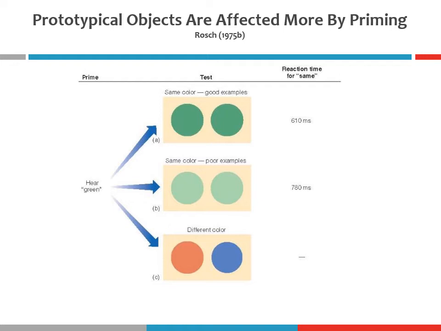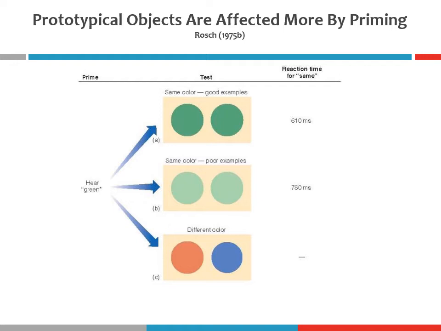Then 2 seconds after they heard the word green, they saw a pair of colors side by side and indicated by pressing a key as quickly as possible whether the 2 colors were the same or different.